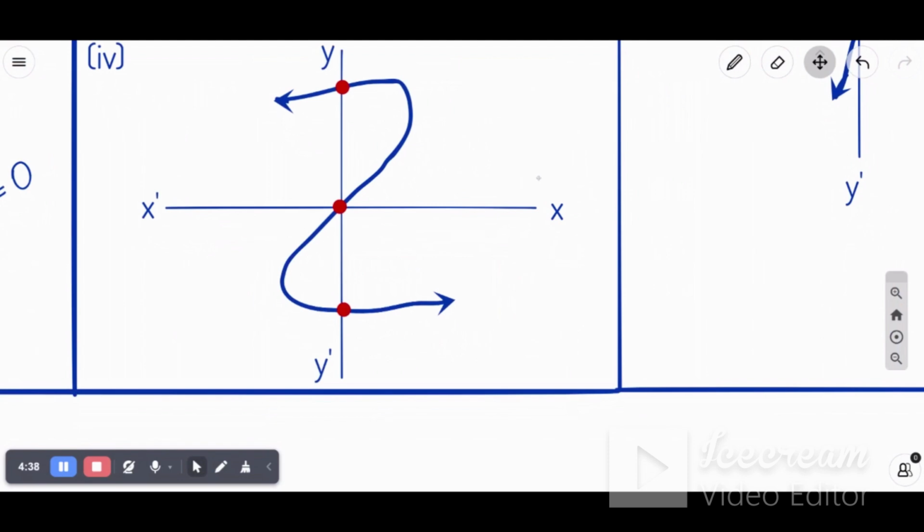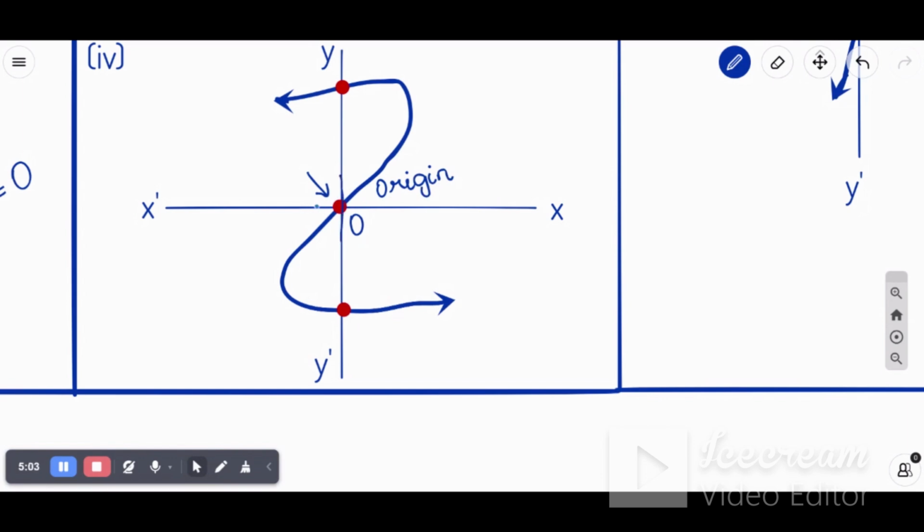Now moving on to the fourth question. What is this point? You remember this is the center, which is always represented by O or 0. This is the origin where both your x and y axis meet. Even though your y-axis is coming here, you have your x-axis also here.